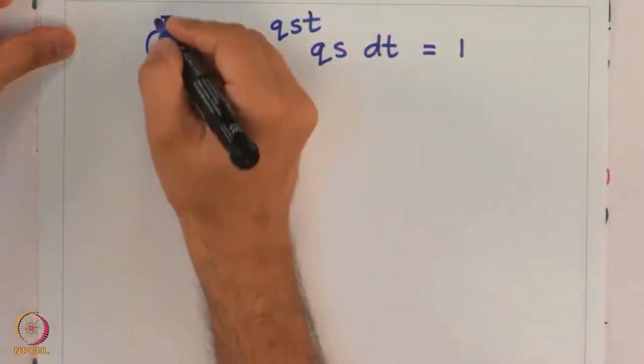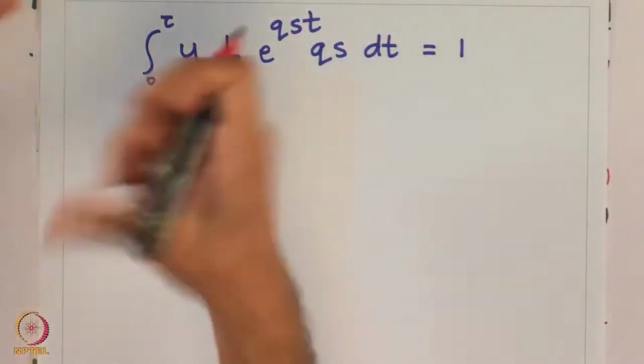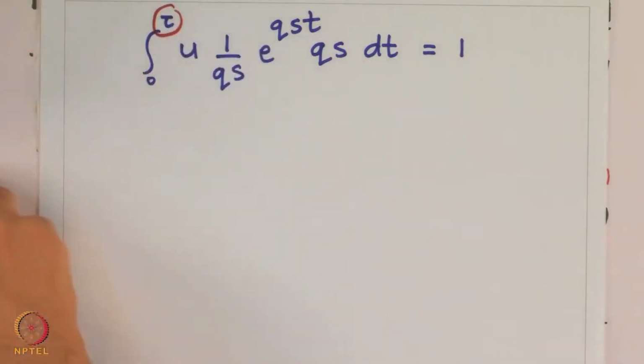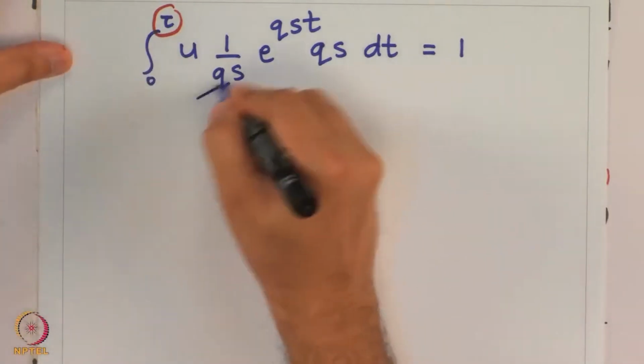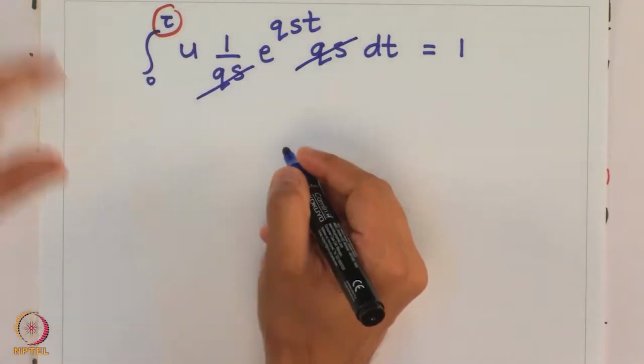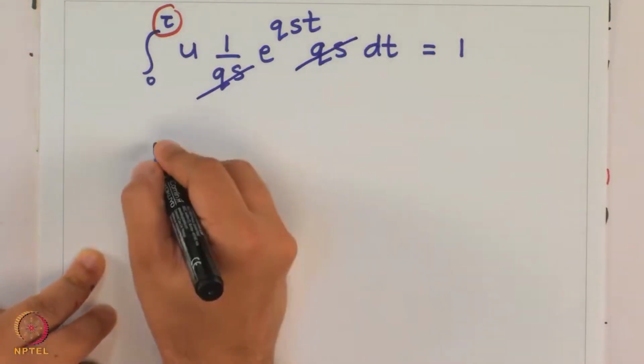All right. So, we are interested in solving for this tau, that time tau for which this relationship holds, and this qs gets cancelled, u can be pulled out.